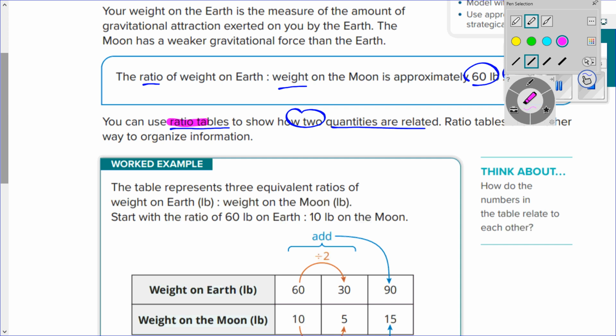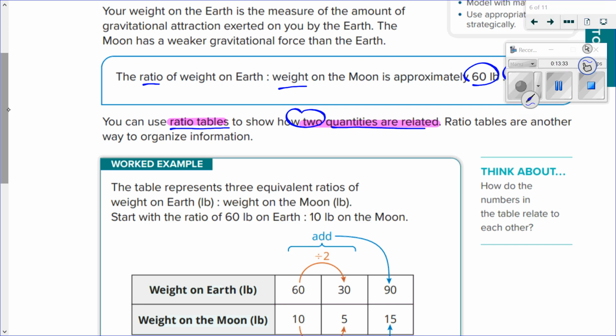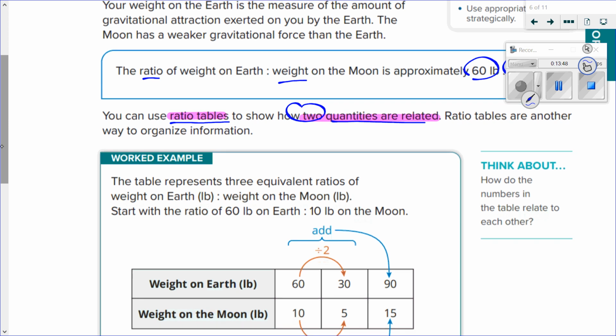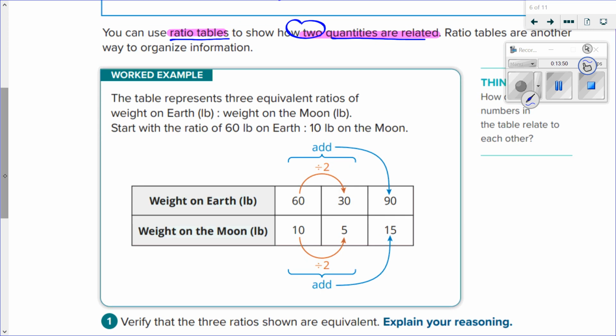So we have ratio tables that show two quantities are related. It's basically just another way for us to organize our information.